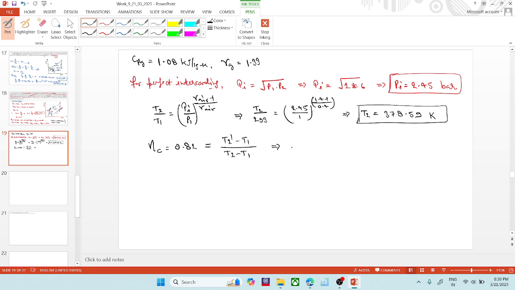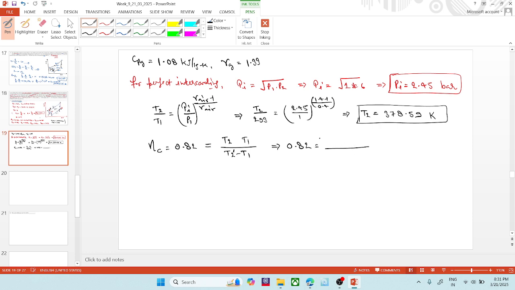Here I will put the values. 0.82 is equal to T2 dash, which we have to find out, minus T1, which is 293, divided by T2 minus T1.